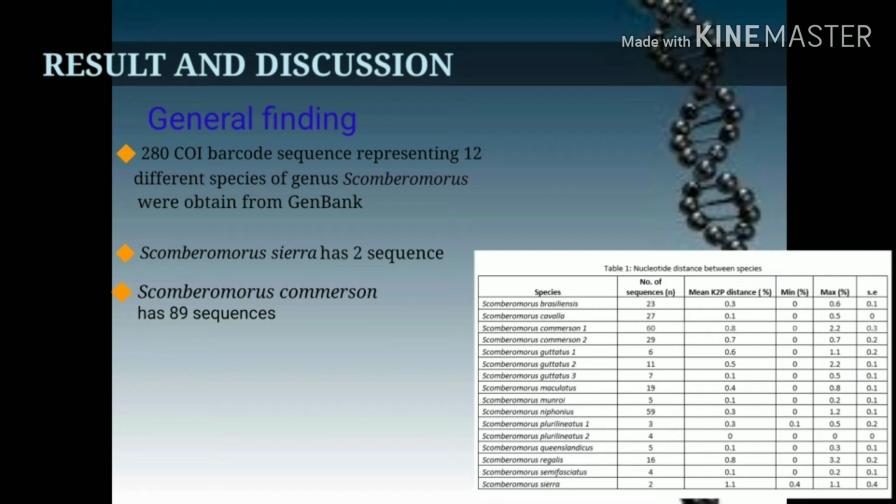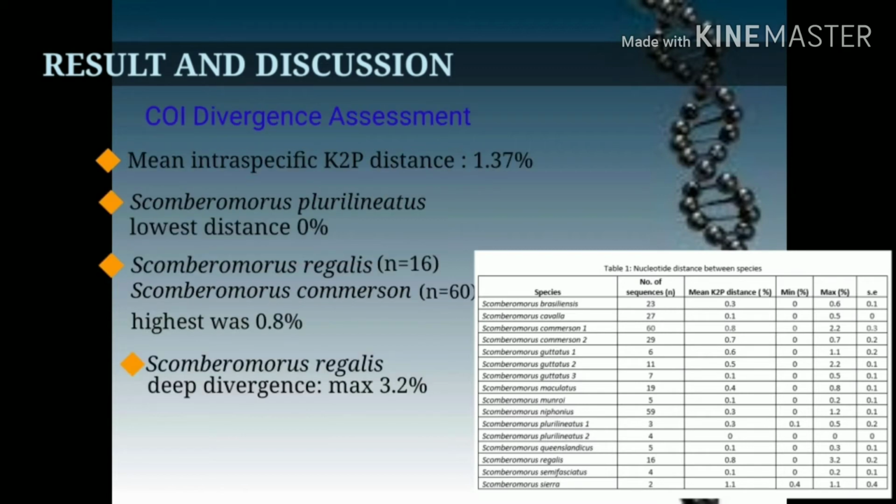Scomberomorus sierra has the lowest number of sequences, while Scomberomorus commerson has the most. The mean intraspecific K2P distance of the 280 CO1 sequences was 1.37%, and the lowest distance was 0%, observed in Scomberomorus plurinatus with 4 individuals, while the highest was 0.8%, in both Scomberomorus regalis with 60 individuals and Scomberomorus commerson with 60 individuals.